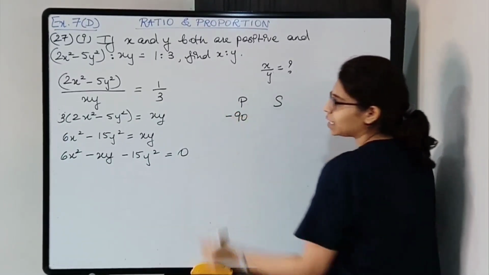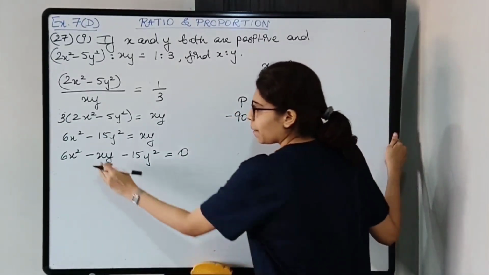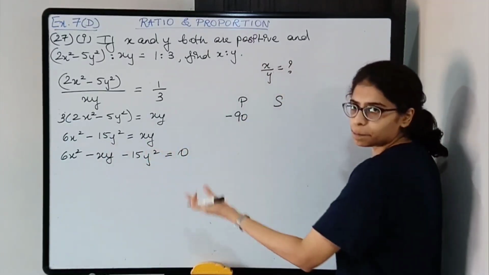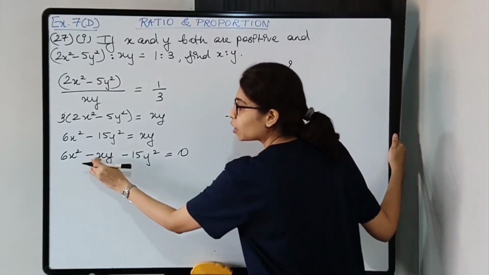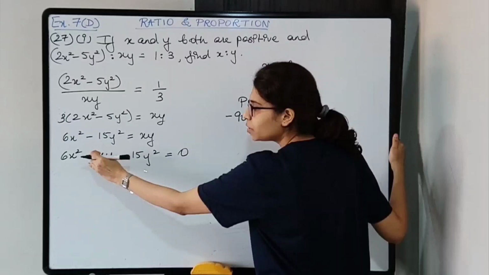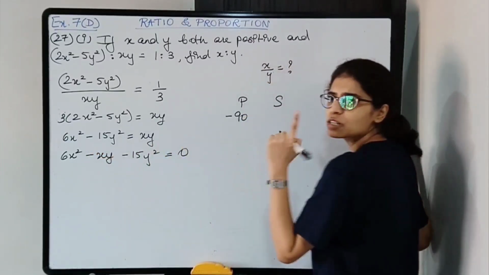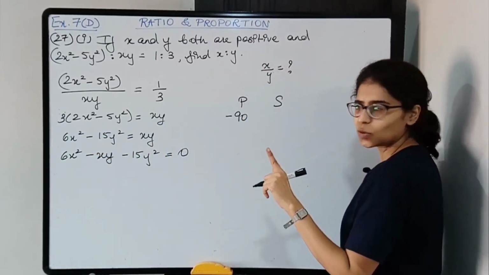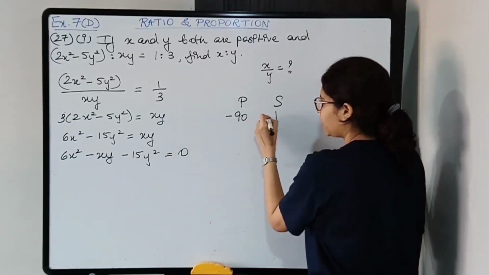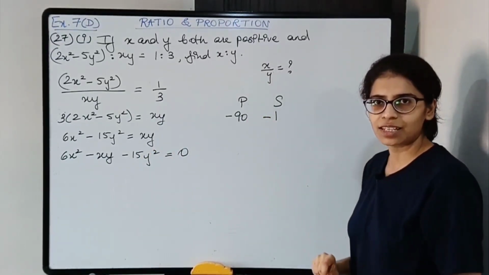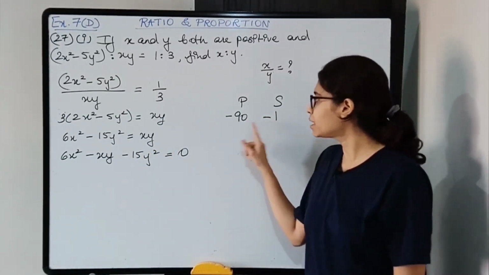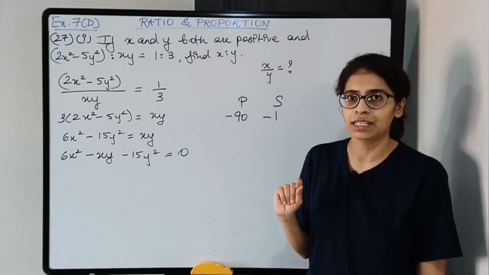Product will be minus 90, and the middle term gives you the sum. The coefficient of the middle term is, since no coefficient is written, 1, but here minus 1. So sum is minus 1, product is minus 90.